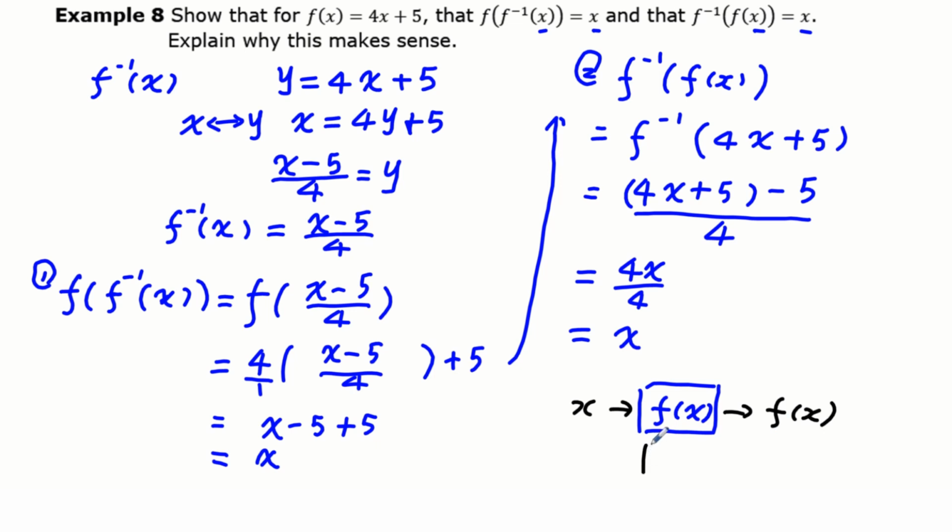And for the inverse function, you put this f at x here, and it should go back. The output becomes the input, and this input becomes the output. So this is what is represented here. So when you put f at x into the inverse function, it will give you x.